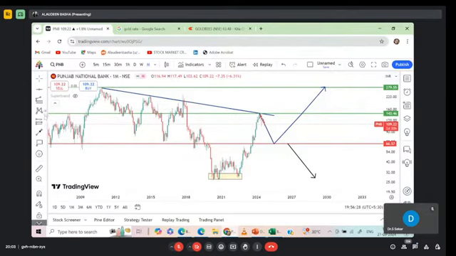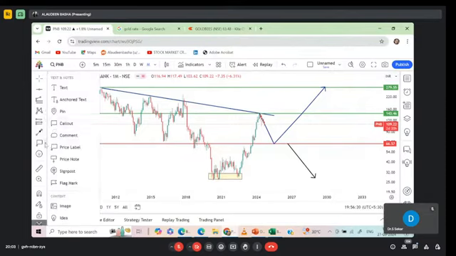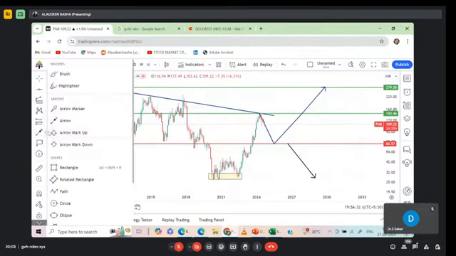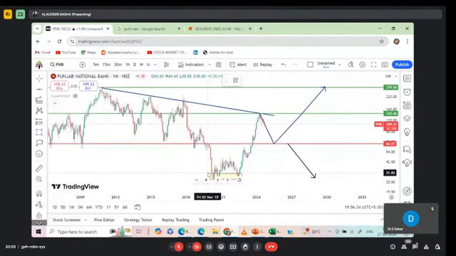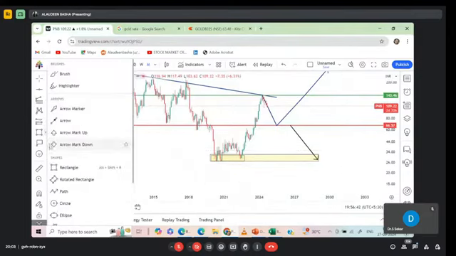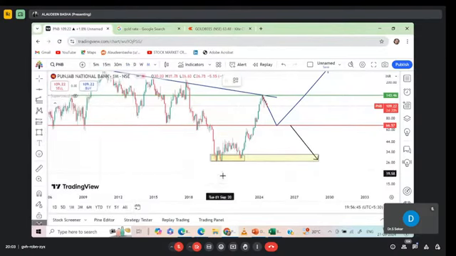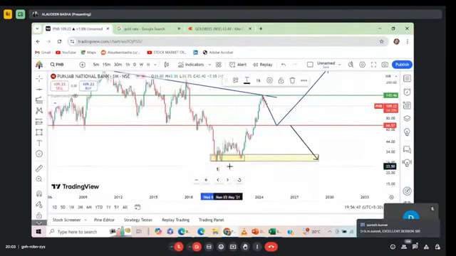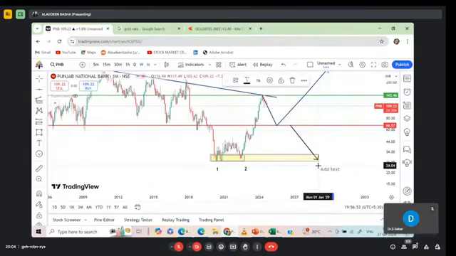It is called a triple bottom. Already we have 2 bottoms. Once it occurs here, it is called a triple bottom. This is the first bottom, this one is the second one, and this one is the third one.